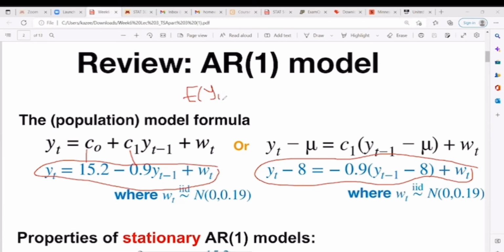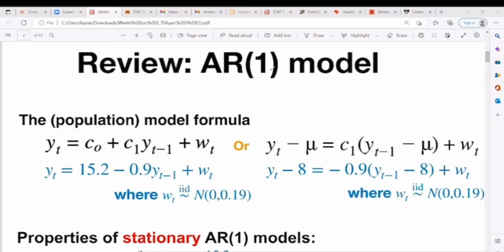The expected value of YT is actually mu, which is equal to 8. If you work on this now, that's basically what you're going to see. So that is a specification now.